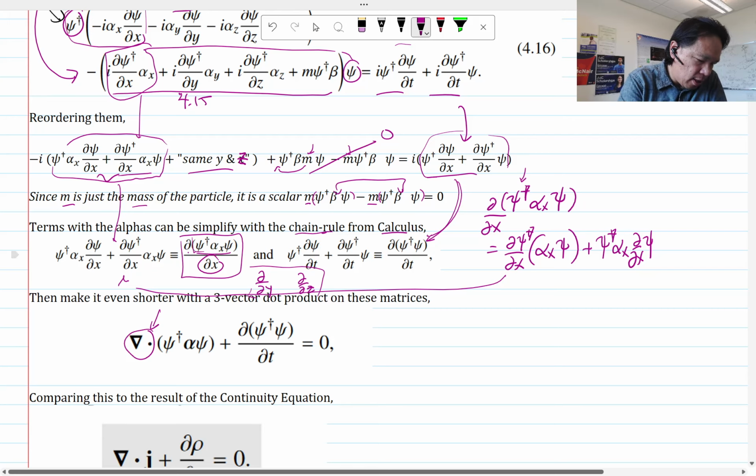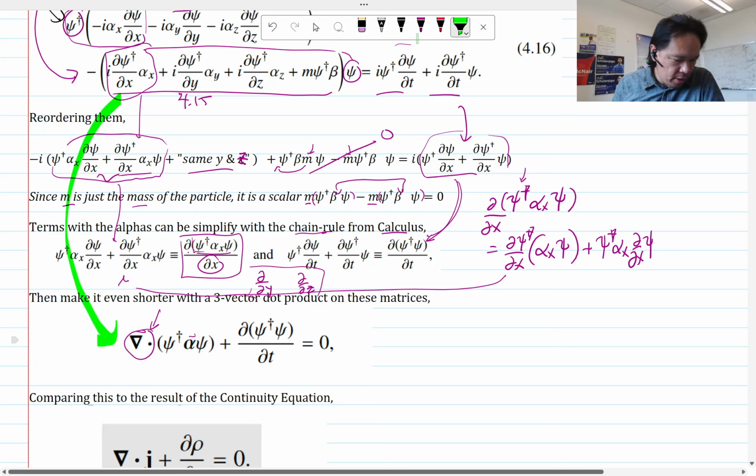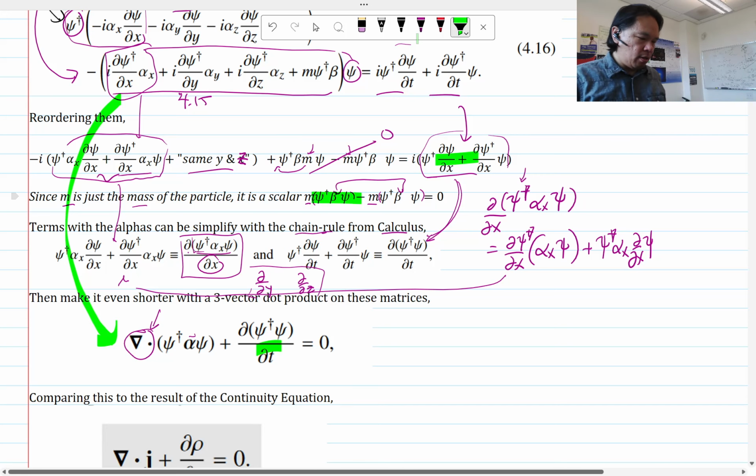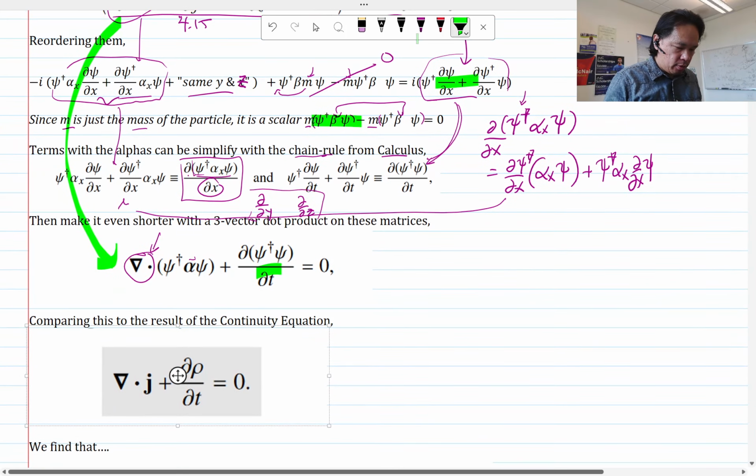In this case, it's psi dagger alpha, in the 3 component form x, y, and z, times psi. So that's how this big old equation up here becomes this. The right hand side becomes this, and the mass part disappears because they subtract each other out, because the m can be pulled out of the multiplication.